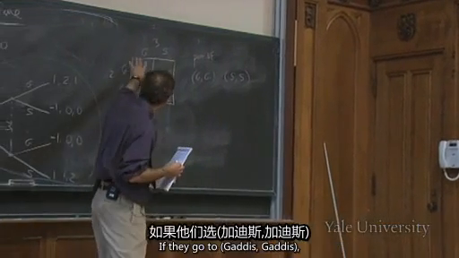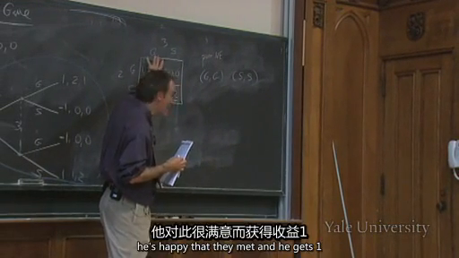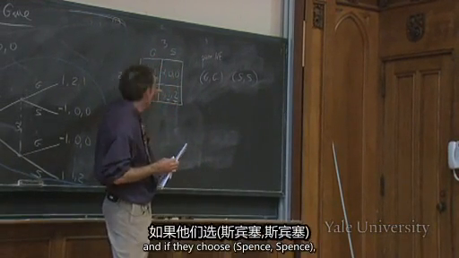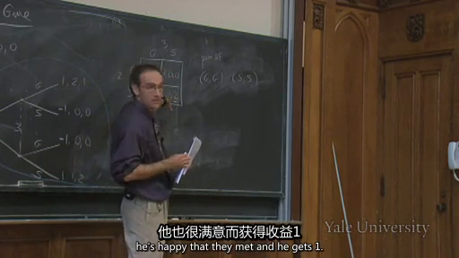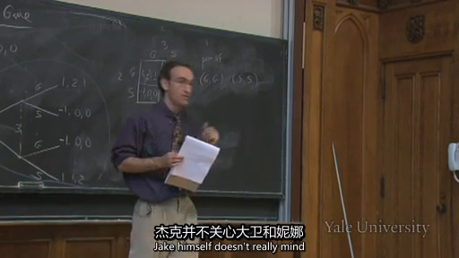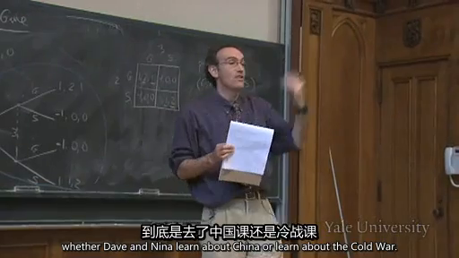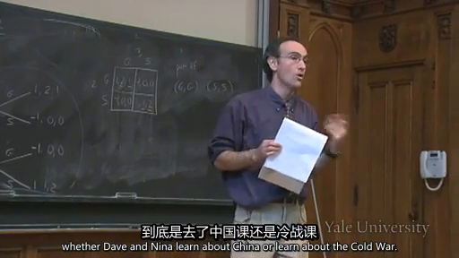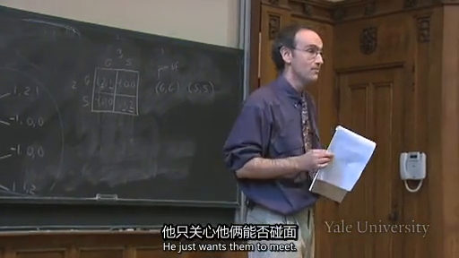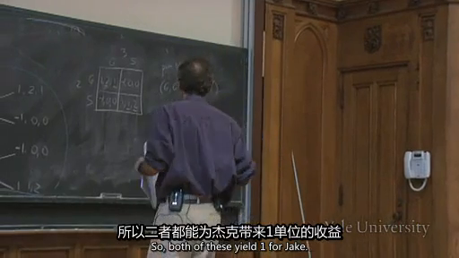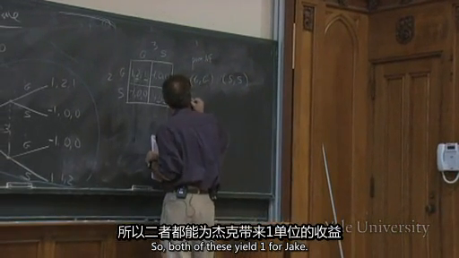What does he get? If they go to Gaddis, he's happy that they met and he gets 1. And if they choose Spence, he's happy that they met and he gets 1. Jake himself doesn't really mind whether Dave and Nina learn about China or learn about the Cold War. He just wants them to meet. So both of these yield 1 for Jake.